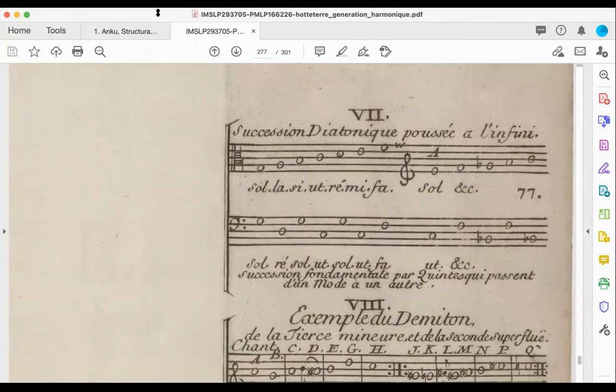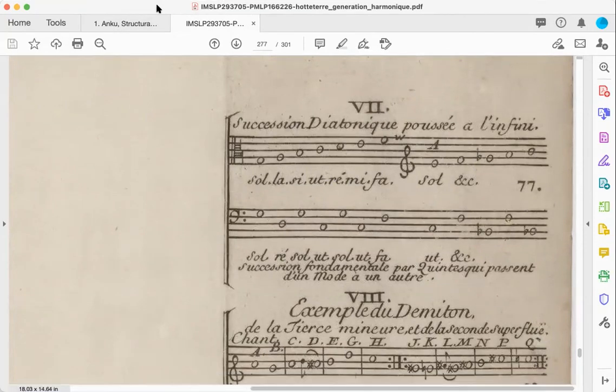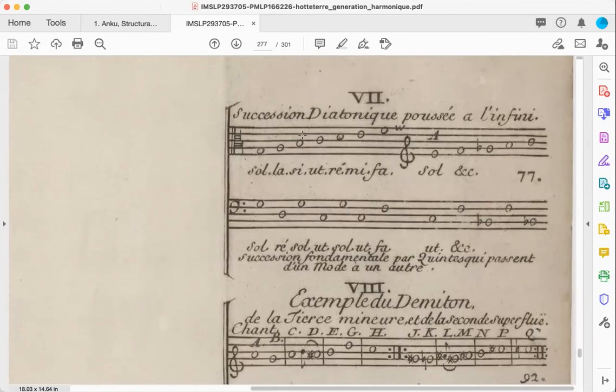Very well. Let's talk about one last aspect of this before we move on to the other two genres of music, namely chromatic and then harmonic music. One thing that's important is temperament.